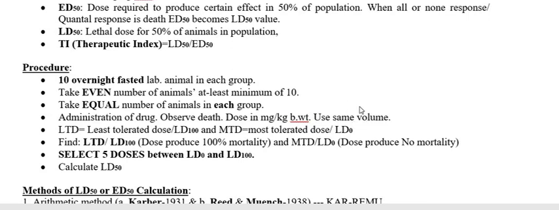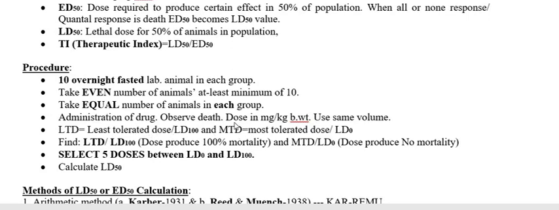Another important point under this procedure is that we first have to calculate the least tolerated dose and the most tolerated dose. What is the difference between them? The least tolerated dose is the dose of a poison or toxicant at which mortality is 100% in a population or group.